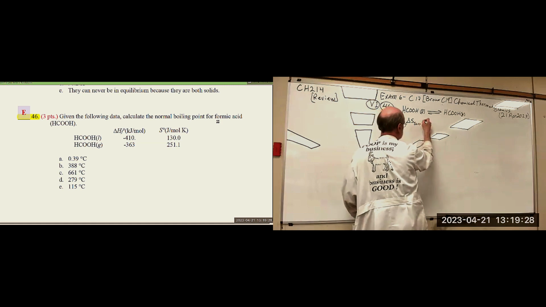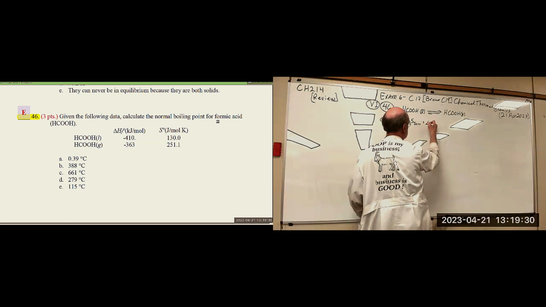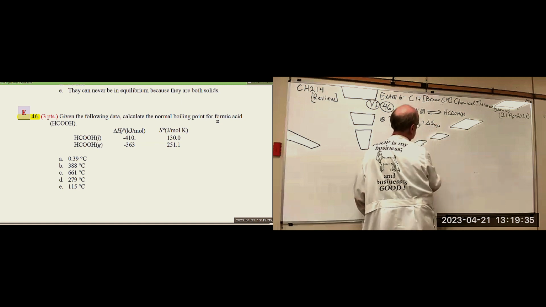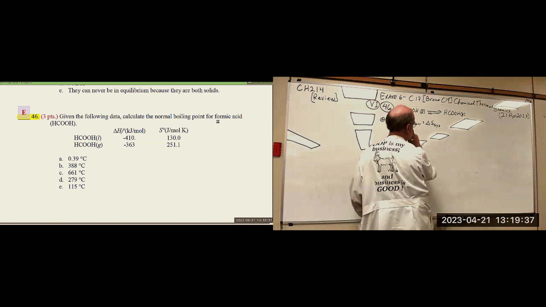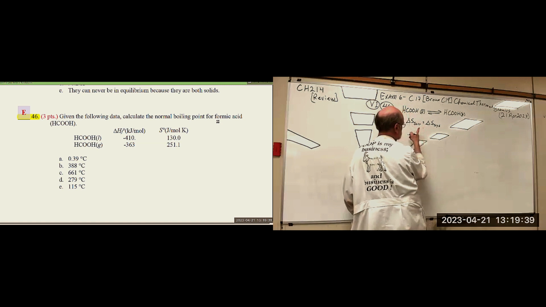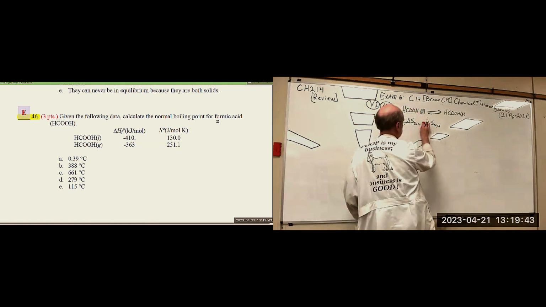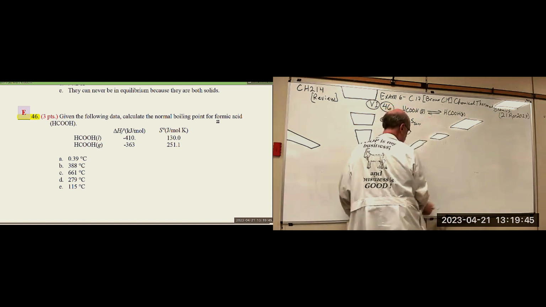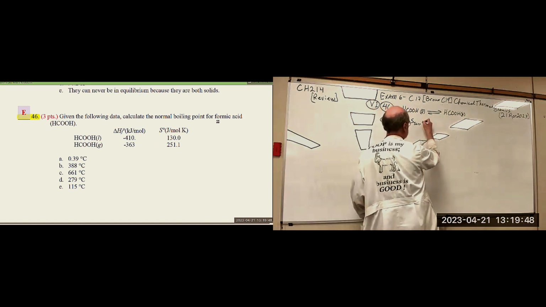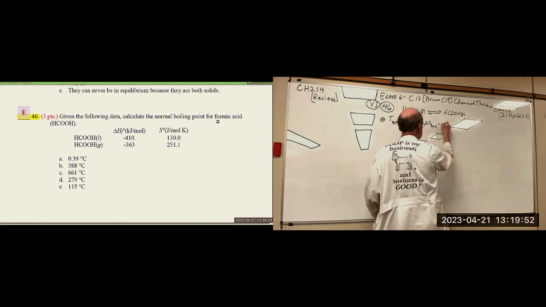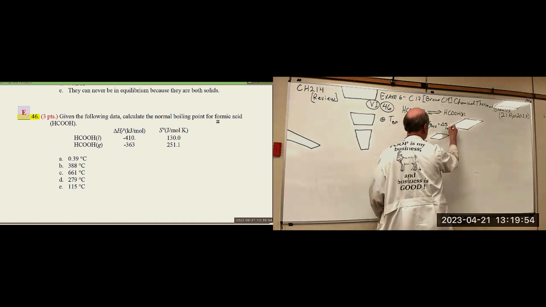surroundings equals the delta S for system, in magnitude. I should write it this way, because when you add them both together, that's the total value. Delta S system equals delta S total.